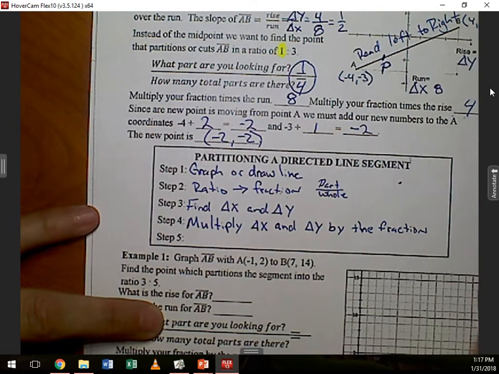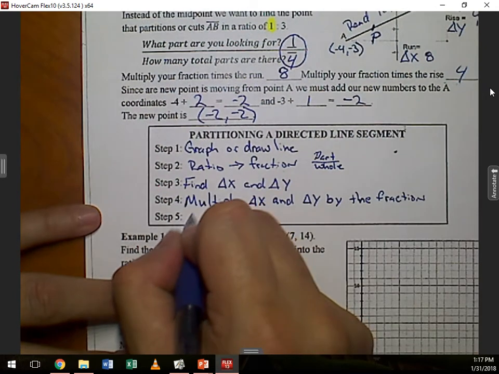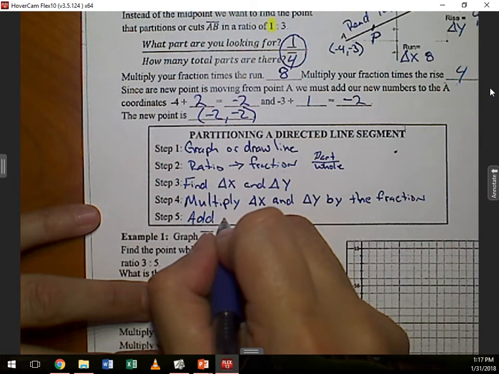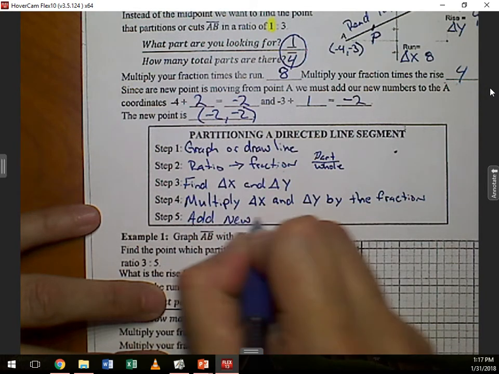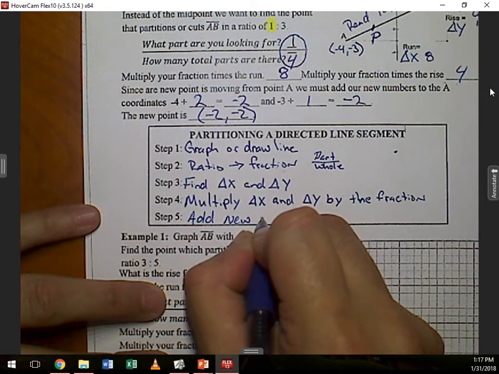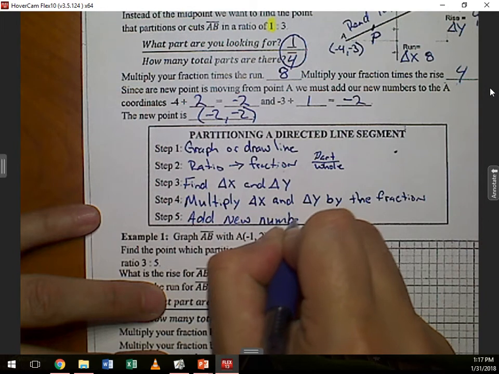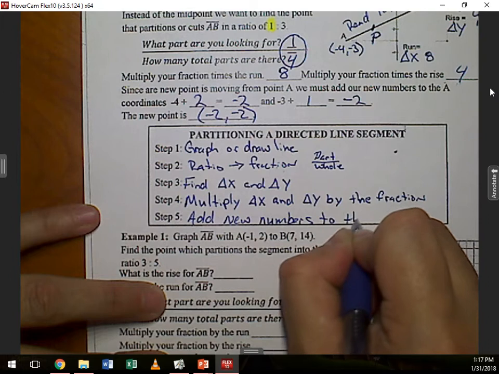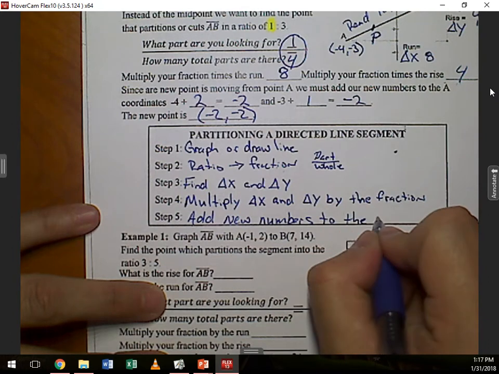And step 5, add the new numbers to the starting point.